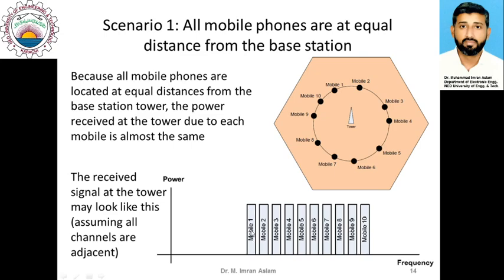The power received from mobile 1 will be this one, and mobile 2 will have the same power, and mobile 3 the same power, and almost the same power for all the mobiles.